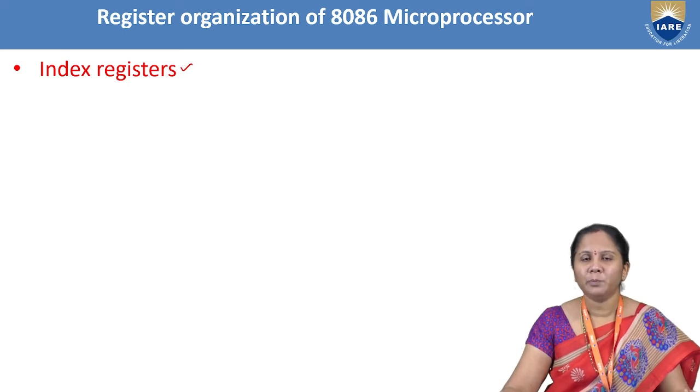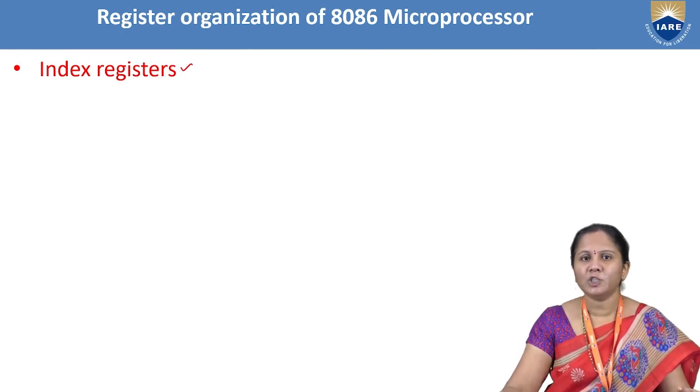Source means input, so using the SI register it is possible to give inputs, especially strings. A set of inputs can be given by using the SI register. The next index register is DI, the destination index. It is also a 16-bit register.